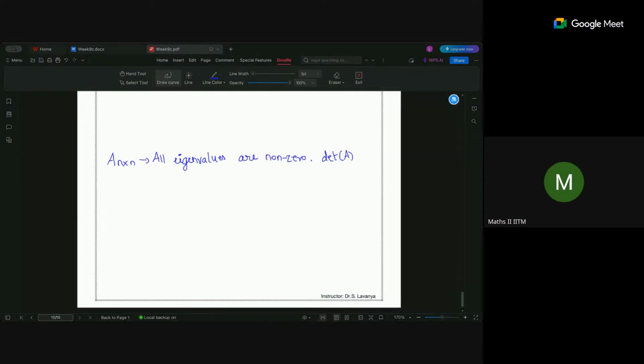What can you say about determinant of A? It is also non-zero. Yes. So determinant of A is non-zero.